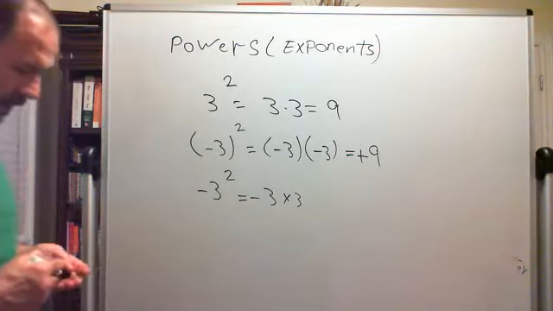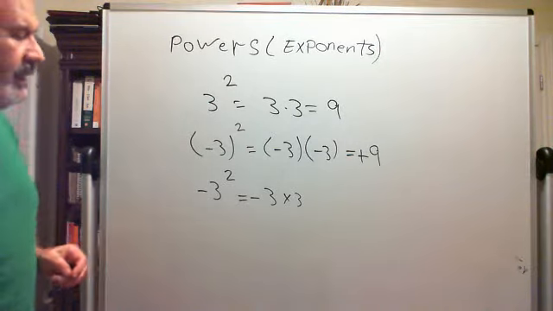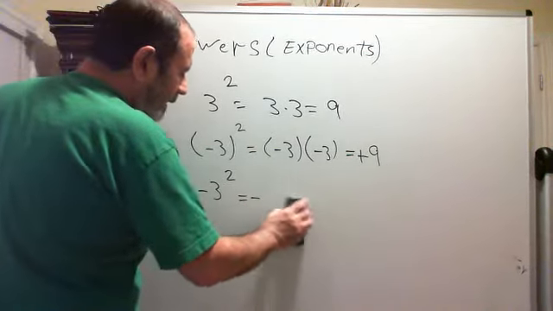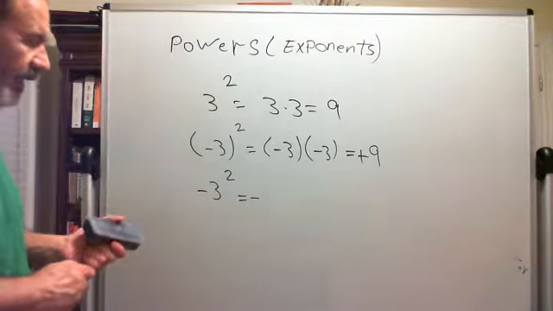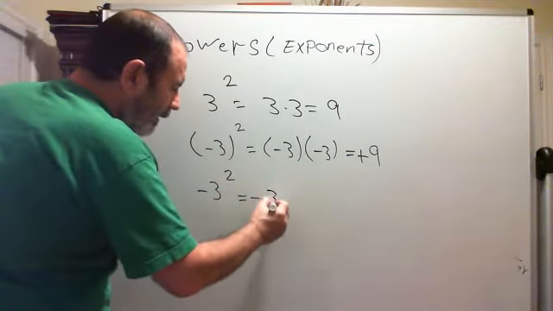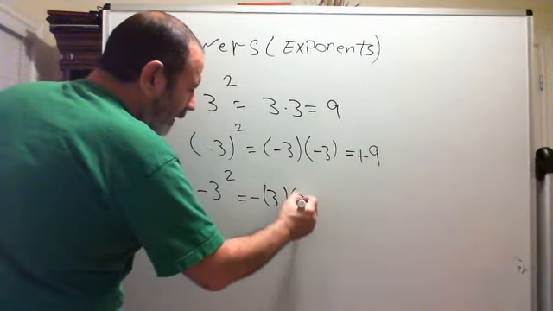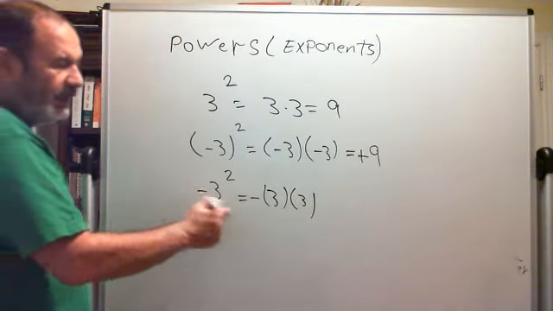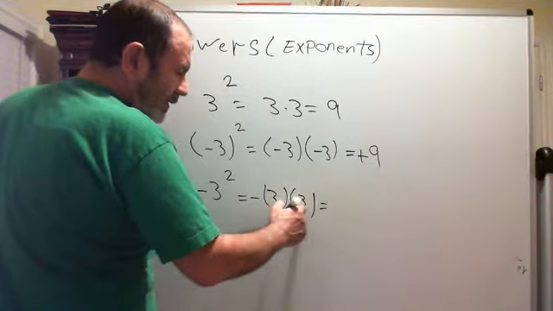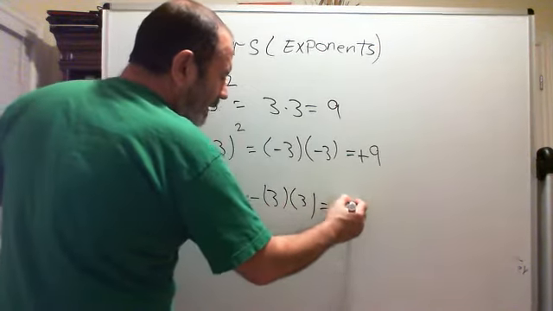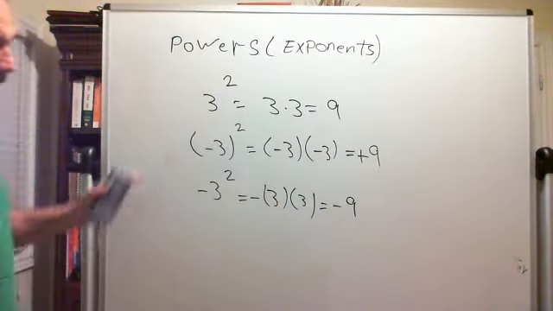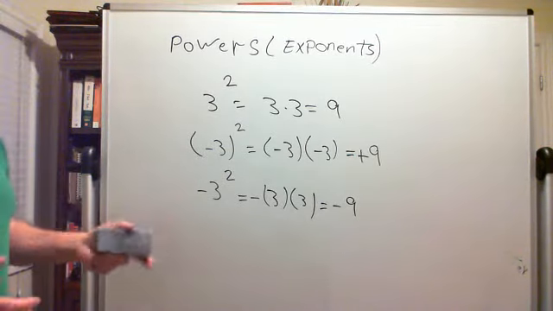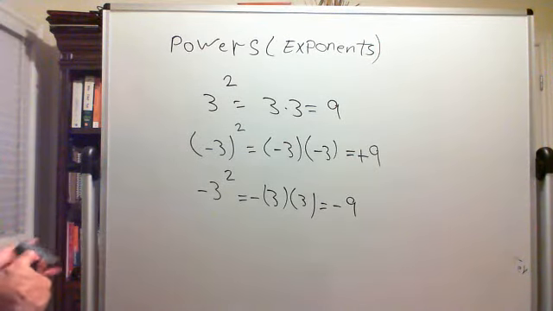Or let me put a bracket to make it easier to understand: negative (3 multiplied by 3). Can you see this 2 doesn't affect this negative? So 3 times 3 is 9, and this negative is going to remain here. So this is the one tricky question that sometimes students make mistakes on. This is the common mistake.